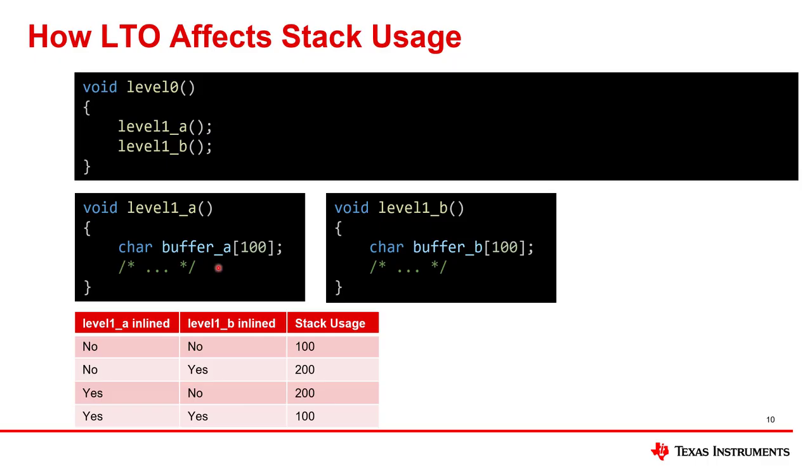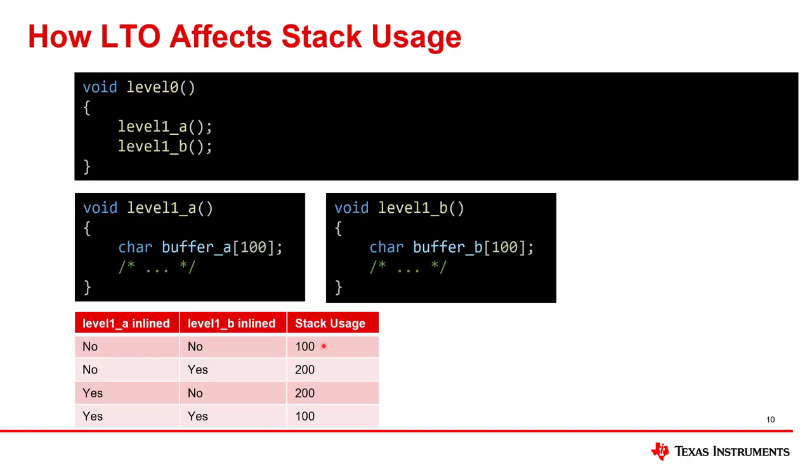Okay. So again, you have to consider the question, well, under LTO and the possibility of inlining, what may happen, right? It turns out it's a little bit complicated, but we'll get through this, okay? This table summarizes it. If level 1A and level 1B are both not inline, then the stack usage is 100 bytes.